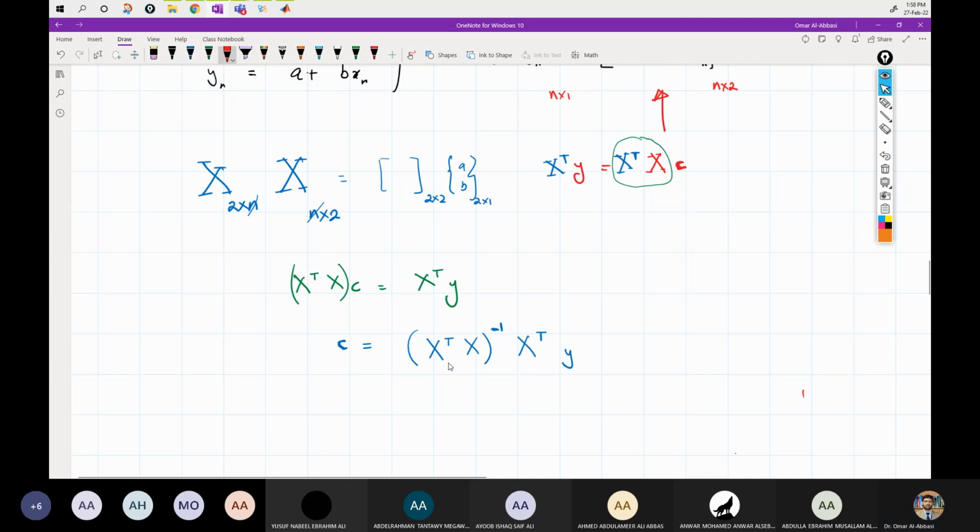This is 2 by n, and that is n by 2, and that was 2 by n, and that was n by 1. So that cancels out and gives you 2 by 2. 2 by 2 can be multiplied by 2 by n, and that cancels out. So the end result is a 2 by 1.